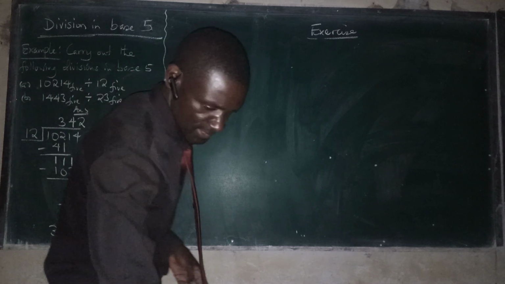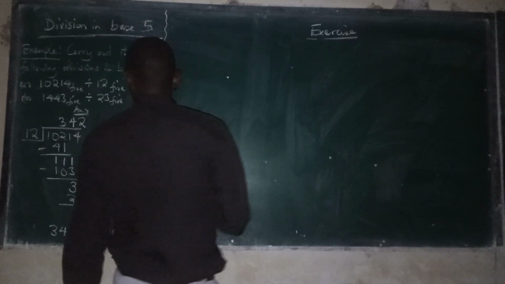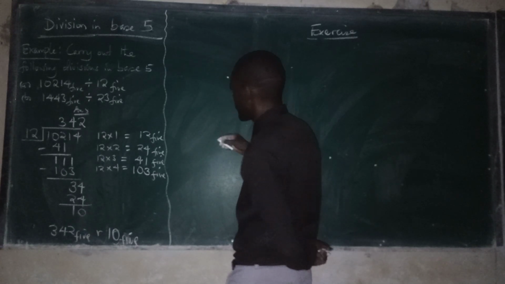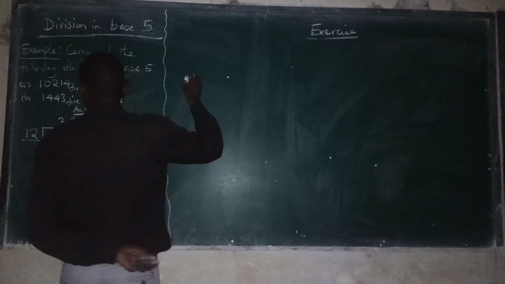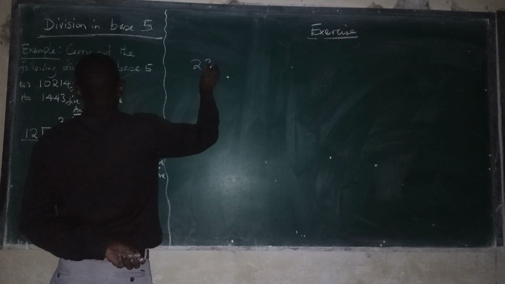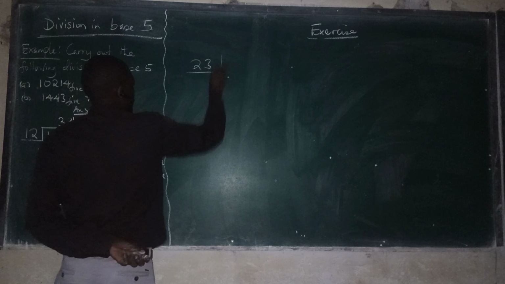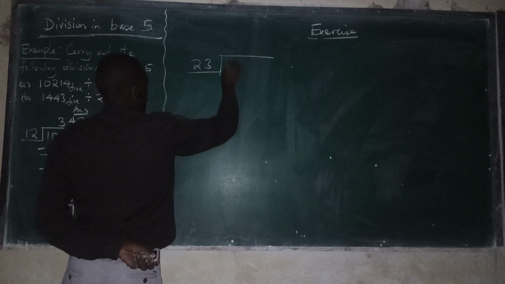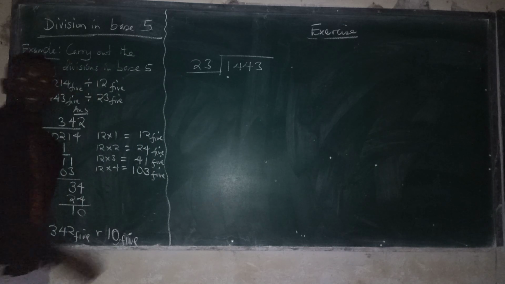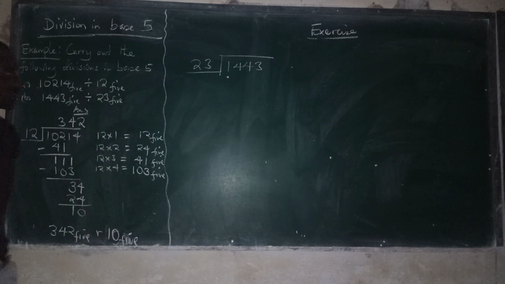Then for part B, we are dividing 23 into 1443.